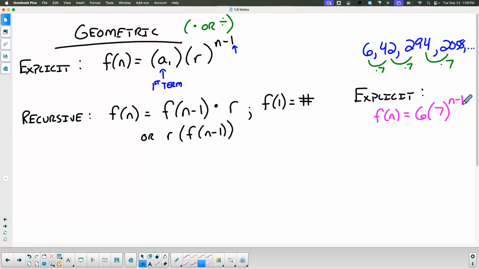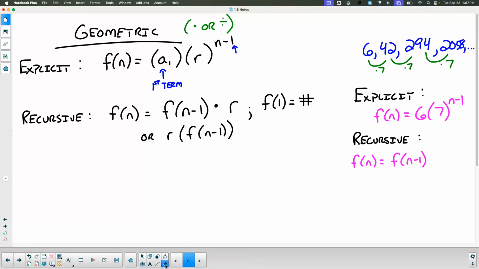Okay? My recursive would be f of n equals f of n minus 1.